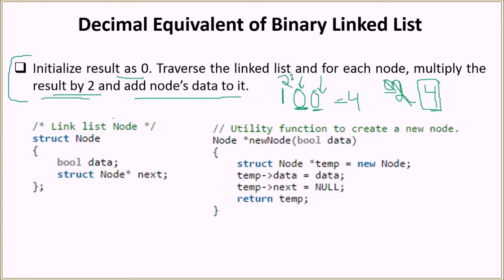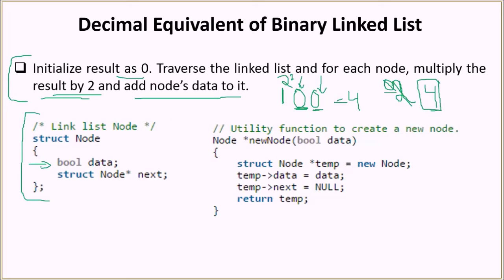Let's look at some of the utility functions which we will be using in this problem, and then we'll look at the exact code for the solution. The node structure is like this, where you have a Boolean value, that is the data. We don't need an integer value here because each node of the linked list will have only values 0 or 1.